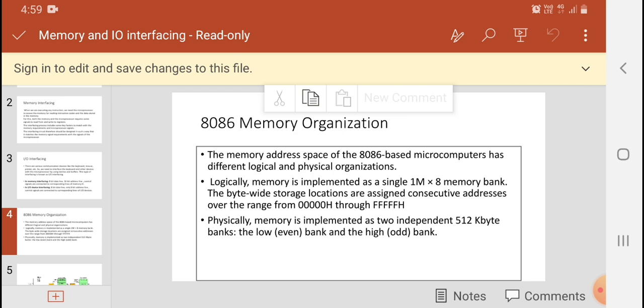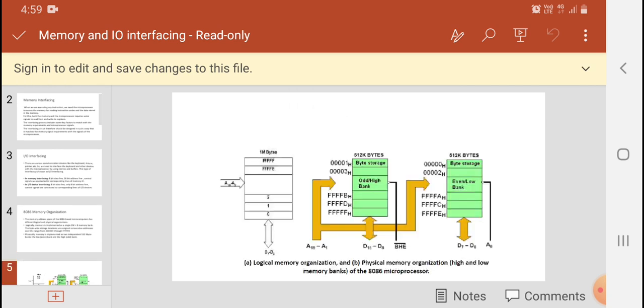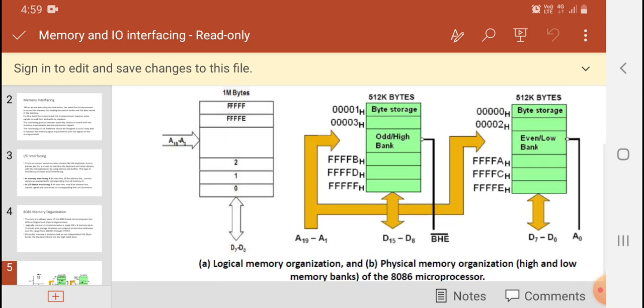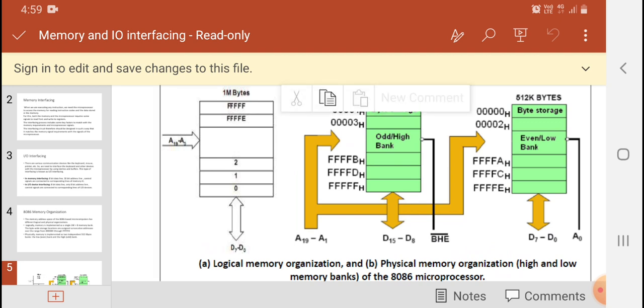When you look at the diagram, the first picture shows the 8086 having 1 megabyte of memory with 20 address lines A0 to A19. That can be divided into two. In the next diagram, you can see a high odd bank and an even bank.